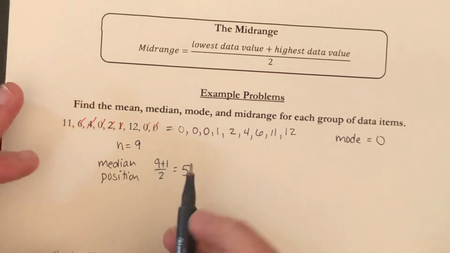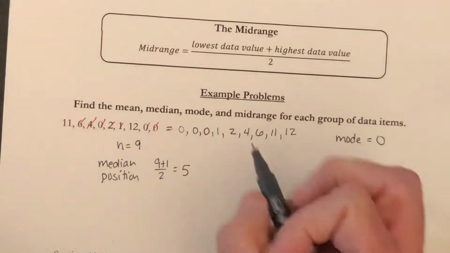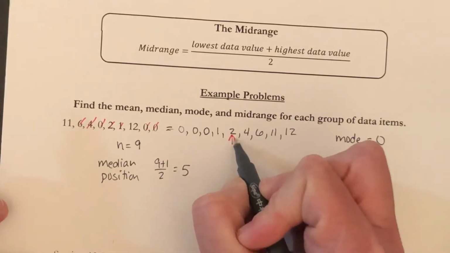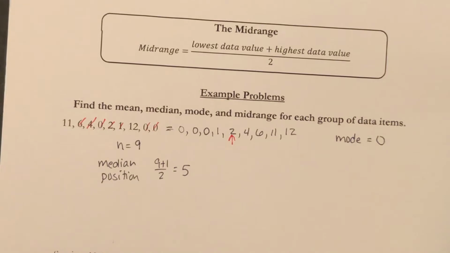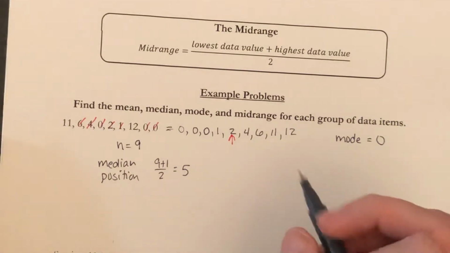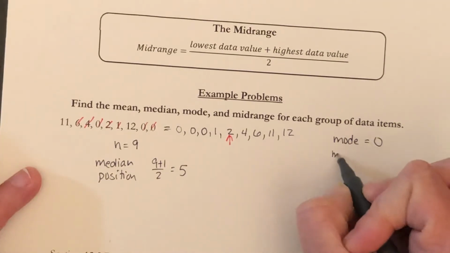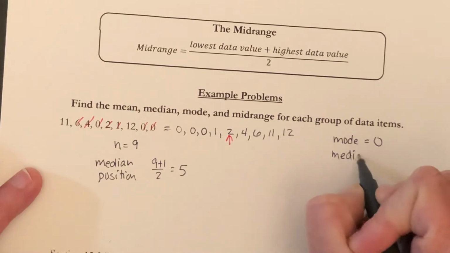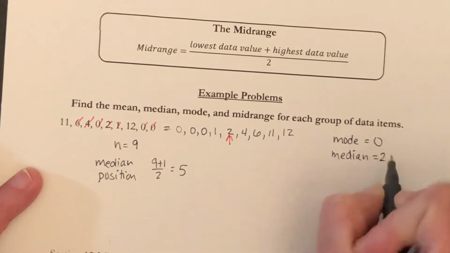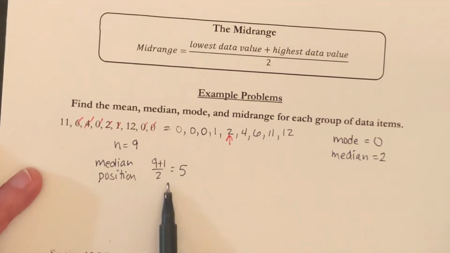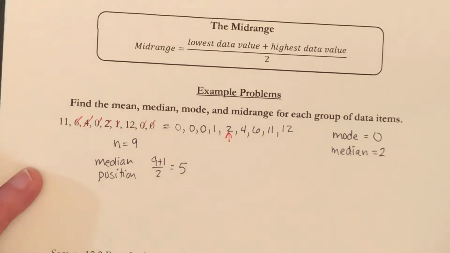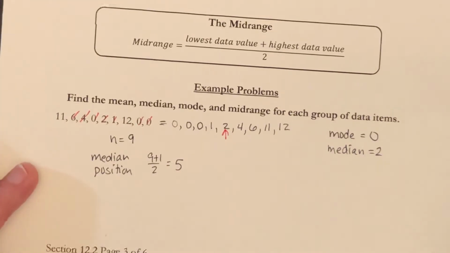So the median is in the 5th position, which is right there. So the median would be 2. It's not 5. That's the position that it's in. 2 is the actual median. This is just the directions to it.